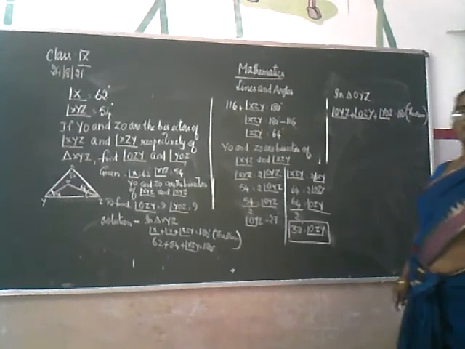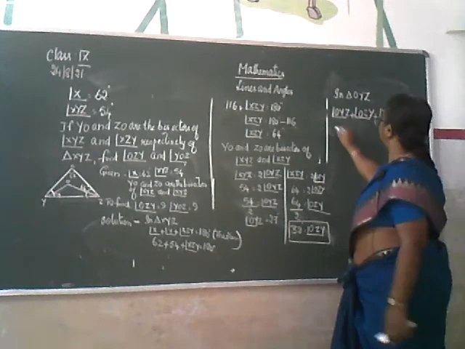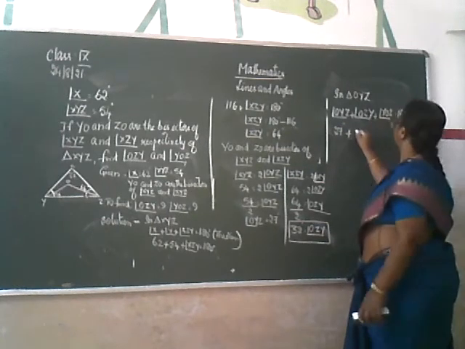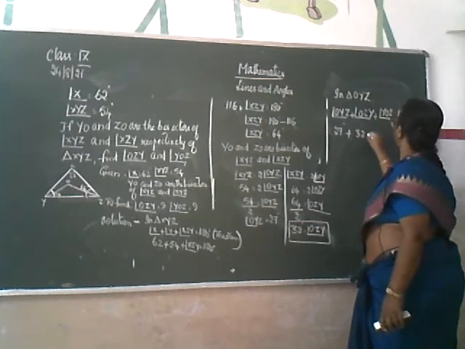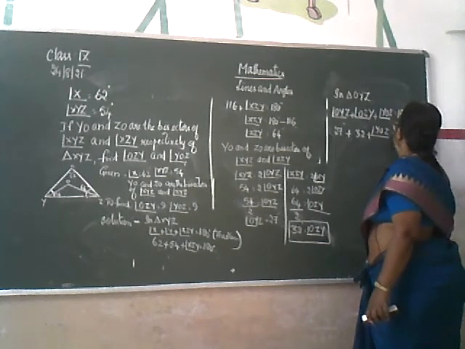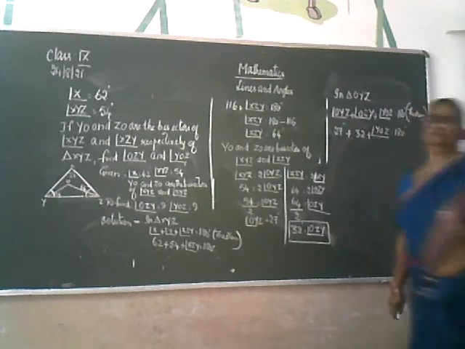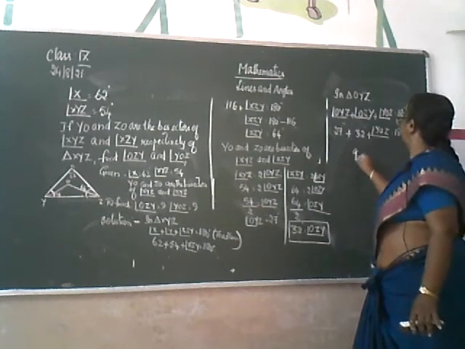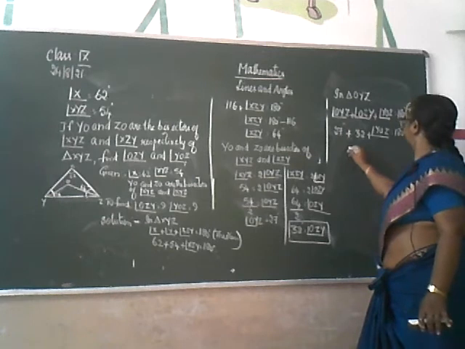What is OYZ? Yes, substitute 27. OZY is 32 plus YOZ, which you have to find out. So add now. 7 plus 2 is 9. 2 plus 3 is 5.